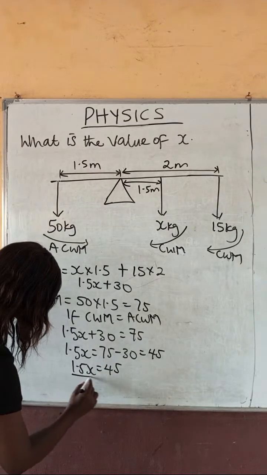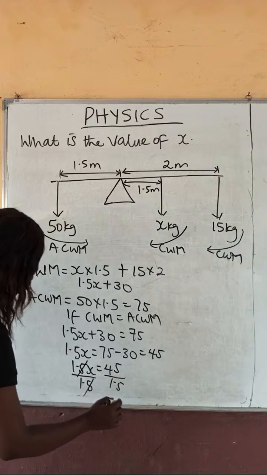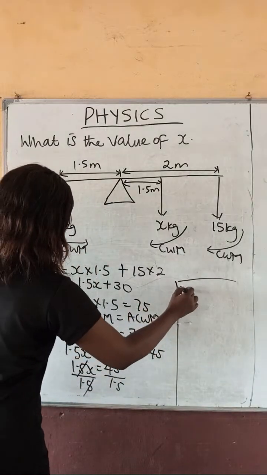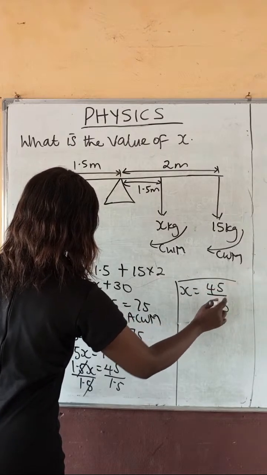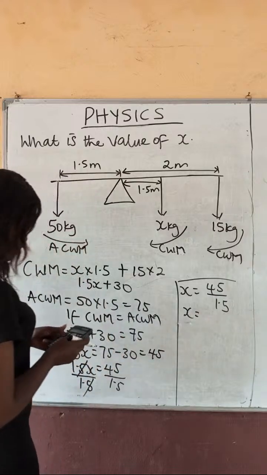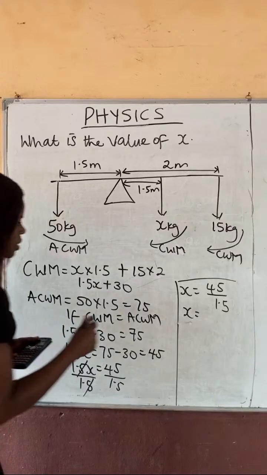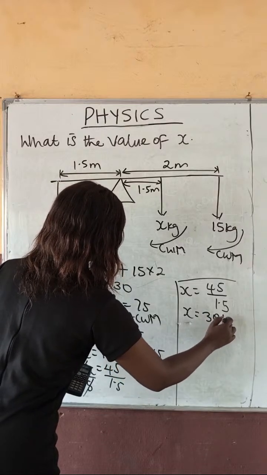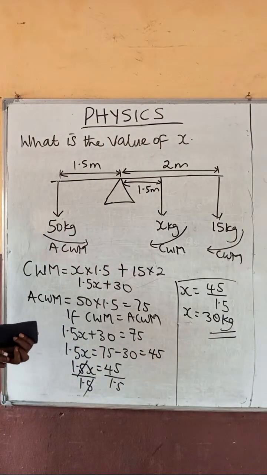So I divide both sides by the coefficient of x, which is 1.5. I cancel. Therefore, x is equal to 45 over 1.5. X is equal to, let's find out. So my x is equal to 30 kilograms. Do you understand? Right.